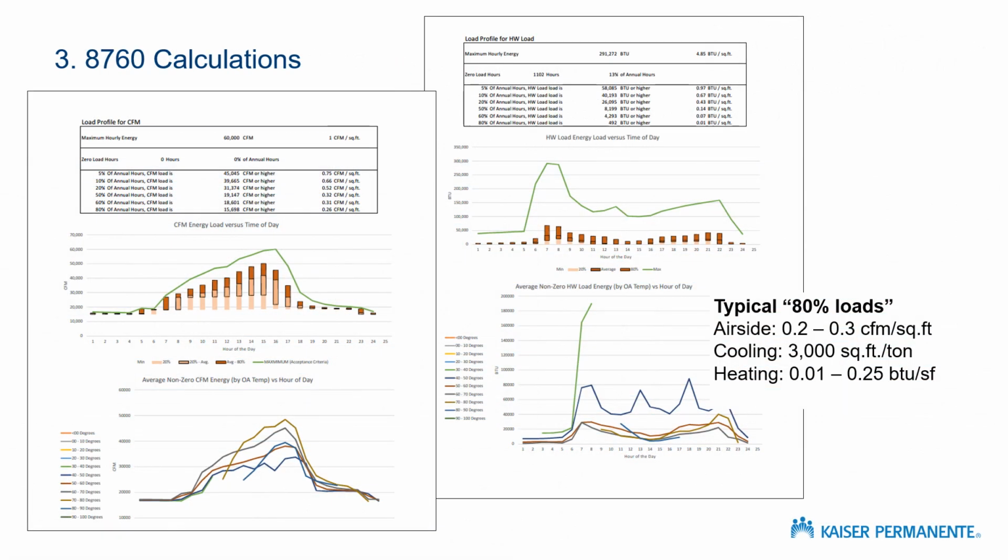One thing that we ask for, which is kind of unique, are these 8,760 line calculations. Basically, you take your design load calculations for every hour of the year and you really scrutinize it. If you've never done this, I say it is a life-changing experience. It's very common to hear a design engineer talk about boilers that can do 10 to 1 turn down, but then you look at some of these calculations and scrutinize it and find out that you need more like 500 to 1 turn down.